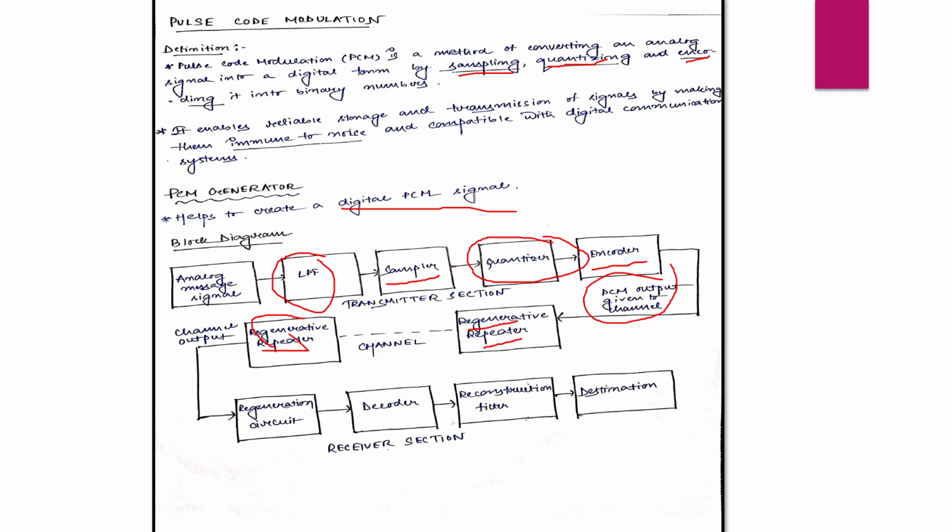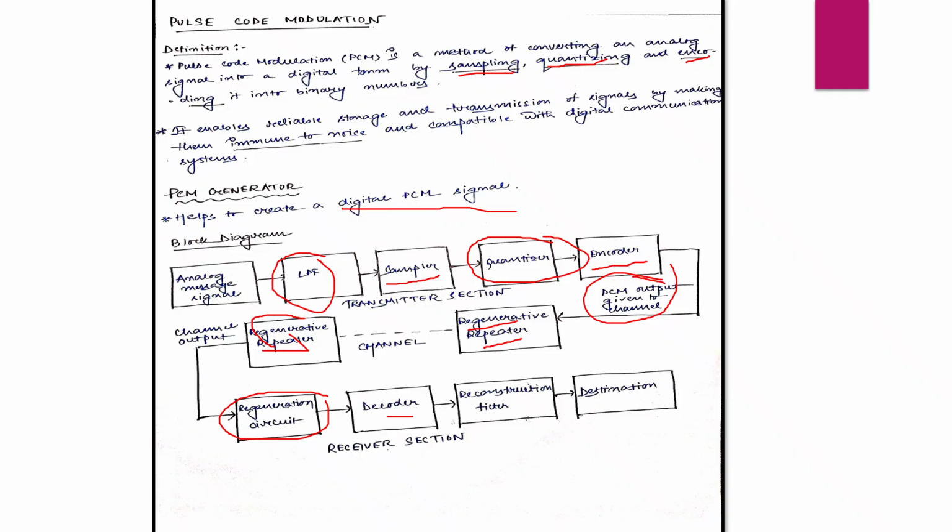Then at the receiving end, the signal goes to the regenerative circuit to improve its strength. Then it goes to a decoder to convert the binary PCM value that we get as the PCM output into the quantized values.